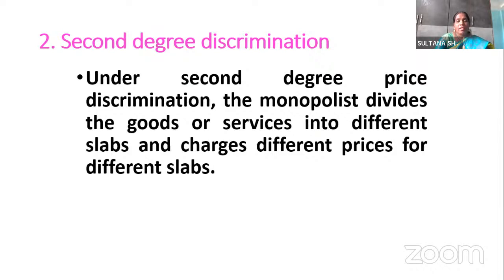The second one is second degree price discrimination. Under second degree price discrimination, the monopolist divides the goods or services into different slabs and charges different prices for different slabs.